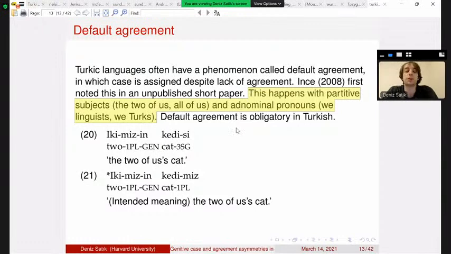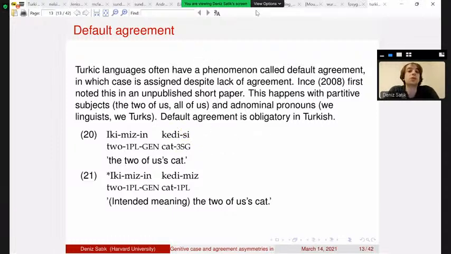You never get them with simple pronouns or proper names. So, the two of us's cat is ikimizin kedisi. Even though it can be demonstrated that this has first person plural features, the feature on the possessum is third person singular, and our features don't match up.